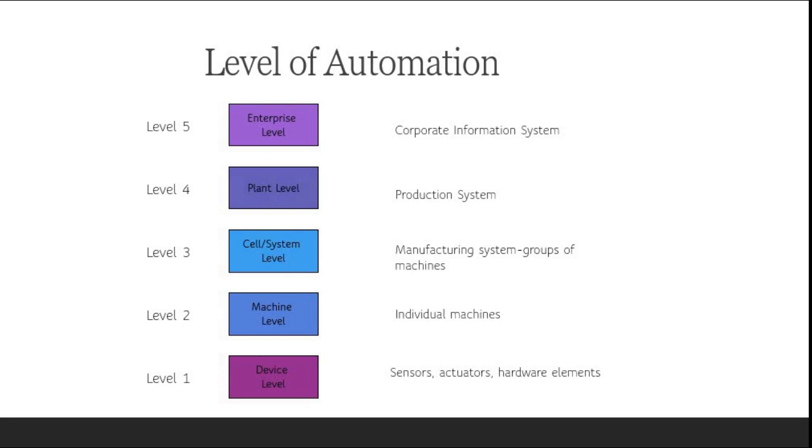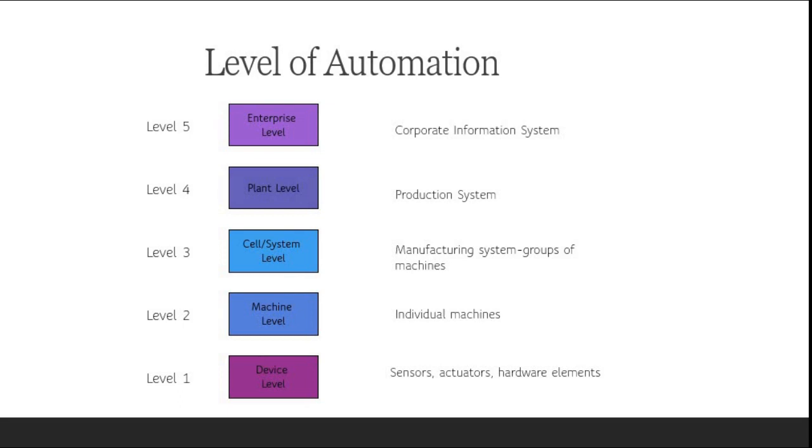As we move further, the level becomes the plant level. This is the factory or production system level. Automation at this level receives instruction from the corporate information system and translates them into operational plans for production. The likely functions include order processing, process planning, inventory control, purchasing, material requirements planning, shop floor control, and quality control.